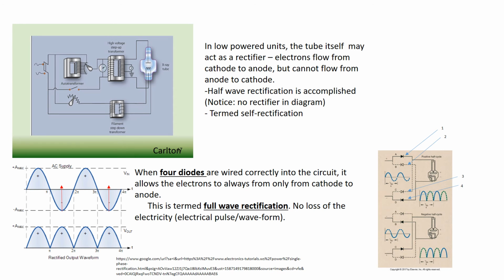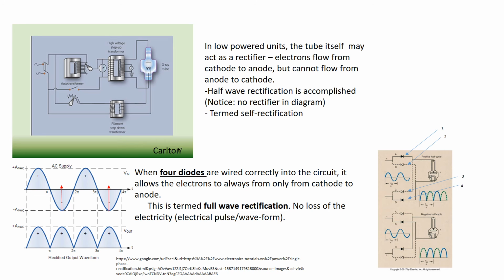In order to make it more efficient so that you're not getting rid of half of the energy, you incorporate into your circuit, and this is key, 4 diodes. I want you to look at the drawing over to the right. This is out of Bushong. I've numbered these for you: 1, 2, 3, and 4. Now, what did I say diodes are like?